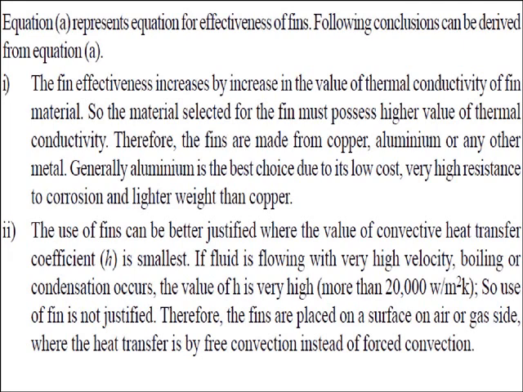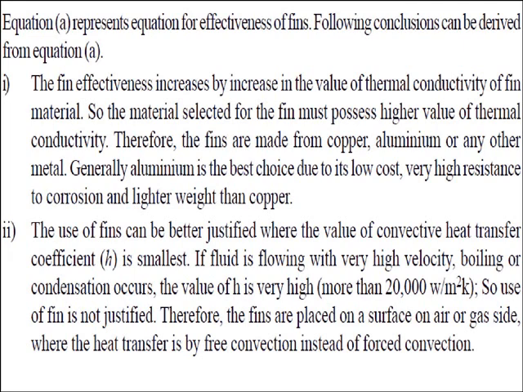Generally we prefer aluminium as the best choice because it is cheaper, has very high corrosion resistance, and is lighter in weight compared to copper. We can observe, particularly in two wheelers such as a bike, an Activa, or a scooter, that the fins are made of aluminium or aluminium alloys, as they are lighter in weight, cheaper, and have very high corrosion resistance.